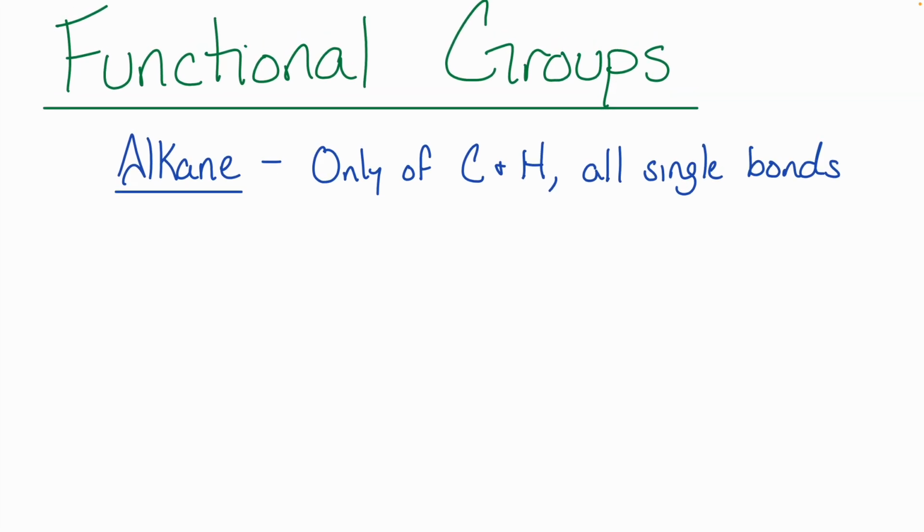Right, so just an example of an alkane would be one of our zigzaggy lines without any heteroatoms or any double bonds in there, right? All single bonds, only carbons and hydrogens. Those are what our alkanes are.